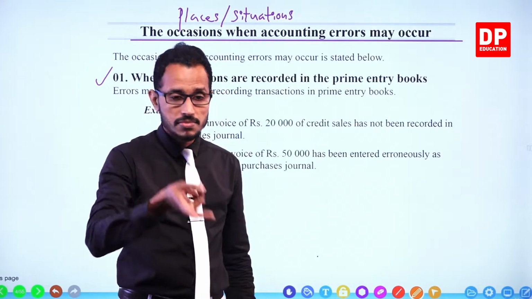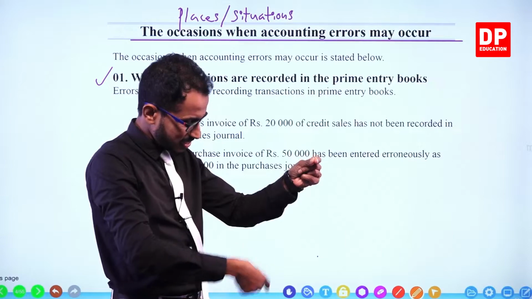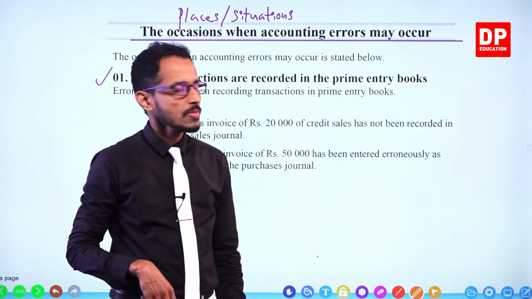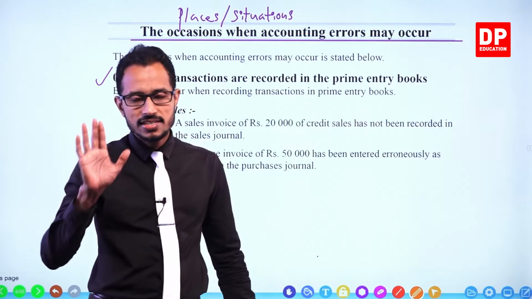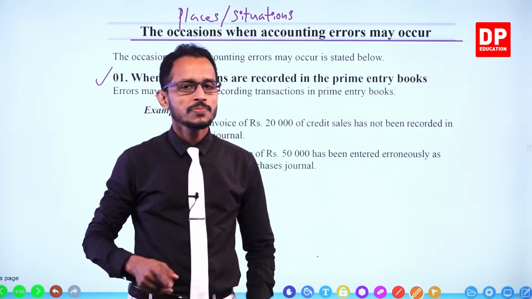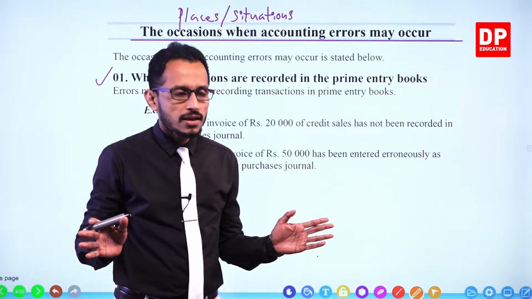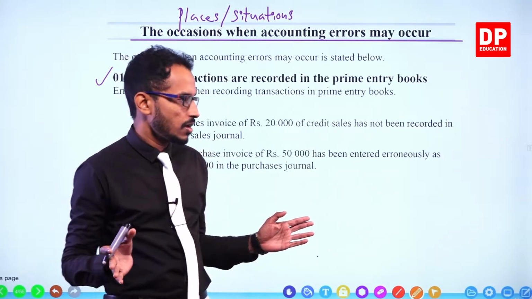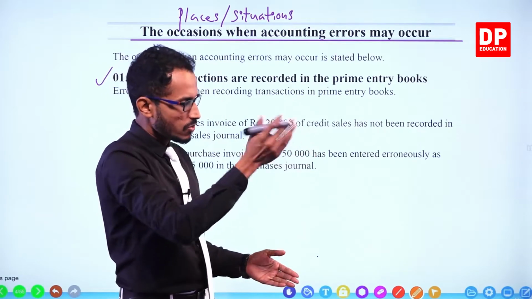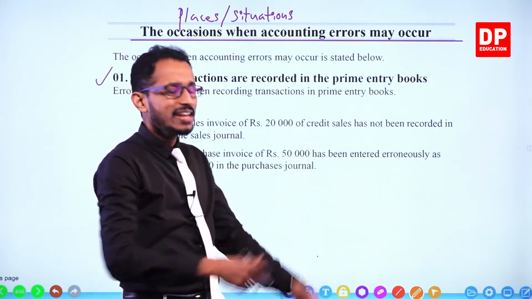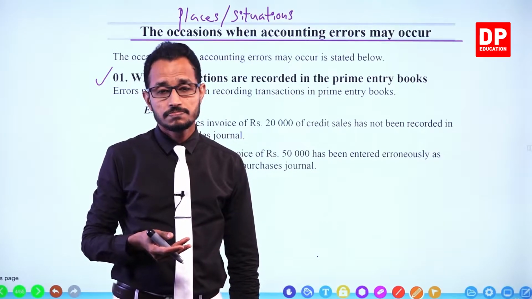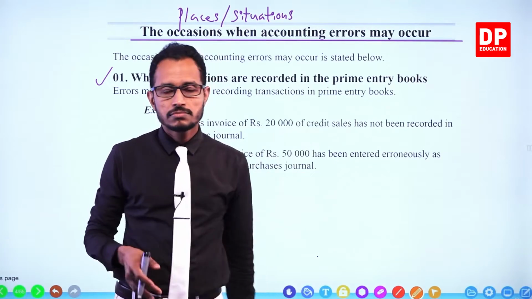We need to trace them. Check, one by one sometimes. Currently, that is not the case in the present day, children. I have to give you the actual scenario too. At the present moment, manually recording and drawing ledger accounts by hand is done very rarely, because computers are there.